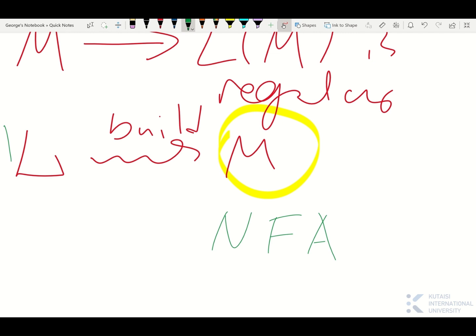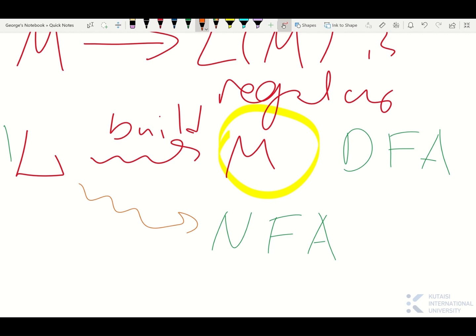And this will make my job much easier because I have to build my machine. If I have a more complicated machine at my disposal, of course it's easier to build. So I'm going to start with language L, and instead of building the DFA, the deterministic finite automata, I will build an NFA, which is easier to build because it can do more things.